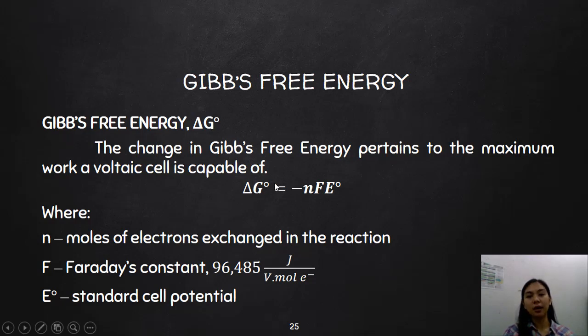You have your delta G naught is equal to the negative NFE naught, wherein your N stands for the moles of electrons exchanged in the reaction. Your F is your Faraday's constant, which is 96,485 joules per volts mole electron. And your E naught is your standard cell potential.